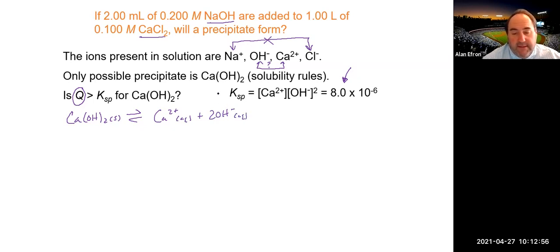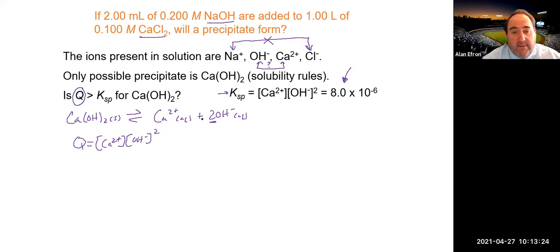That is the KSP we just got. Now, to calculate Q in this case, it would be the concentration of calcium times the concentration of hydroxide, and again, we need to square it here. So we basically need to figure out the concentration of calcium and the concentration of hydroxide that's present.